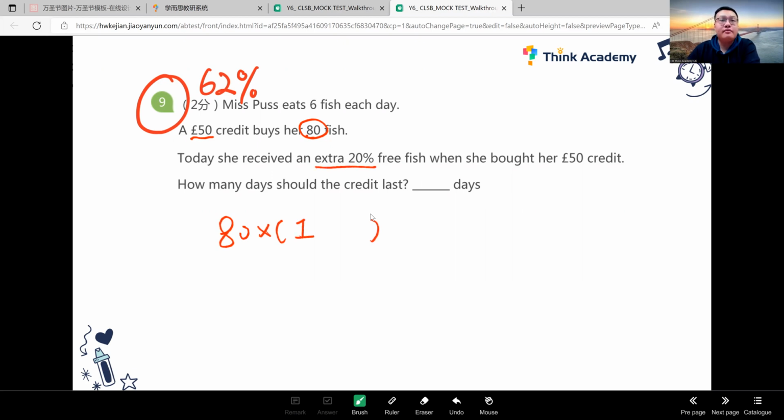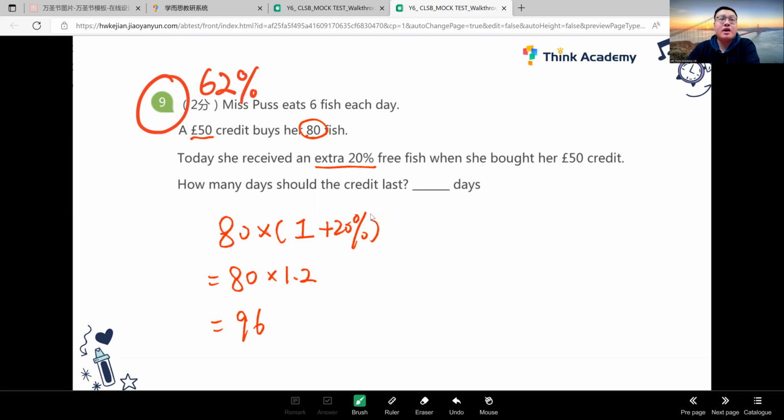So it'll be 1 plus 20% extra, right? That will be the total fish that we have. So that will be 80 times 1.2. Okay. What do you get, guys? 80 times 1.2, you get 96. So you have 96 fish in total.